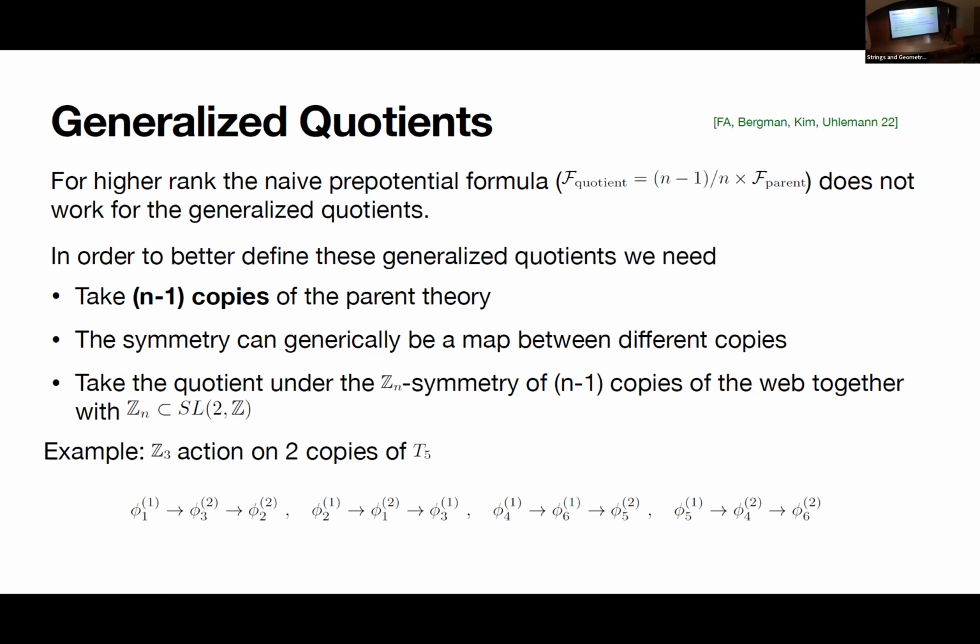So for the Z3, for example, for T5, you can take 2 copies of T5, and you can do a Z3 action on the 2 copies of T5. And you can see here that the Coulomb branch parameter will be mapped from one copy to another copy. So this is the general mapping of the Coulomb branch parameters under these symmetries.